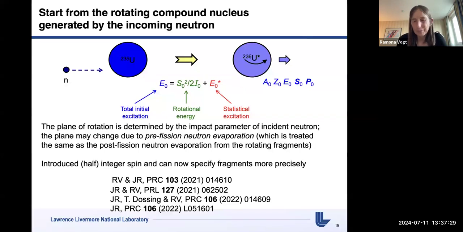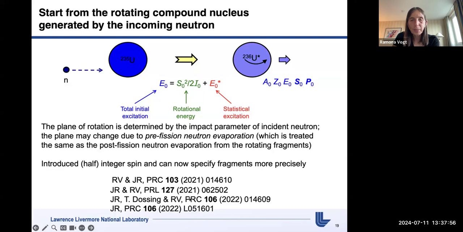Sorry, not the fragment. My apologies, I mean the nucleus. And so this defines a plane of rotation, and this plane can change if you emit some neutron before the nucleus fissions.